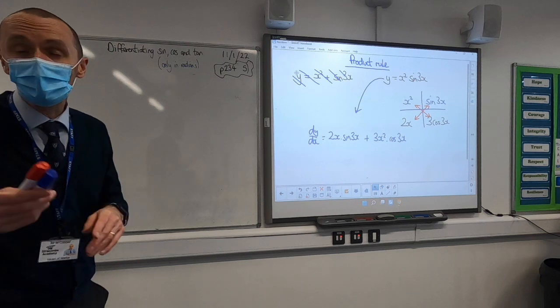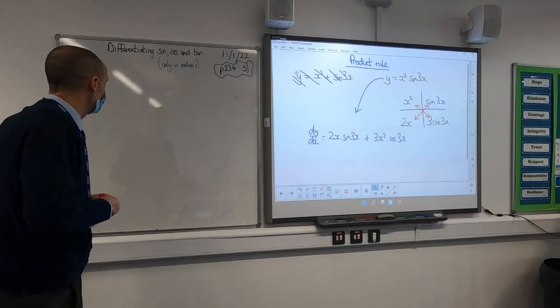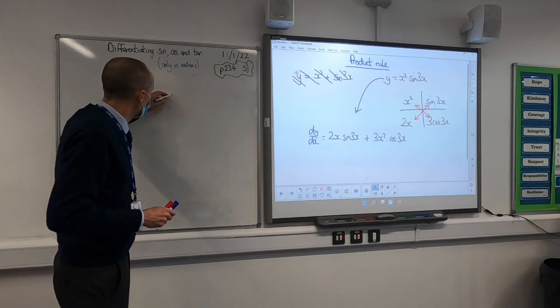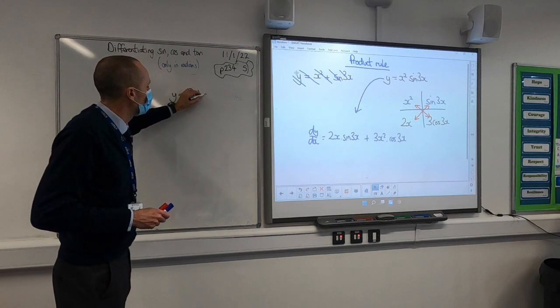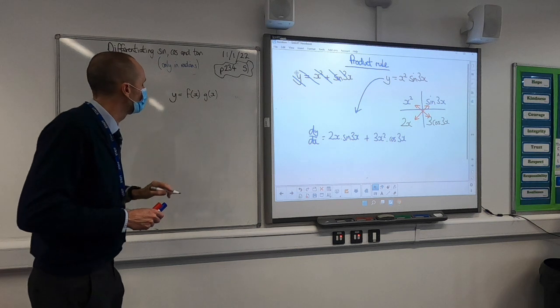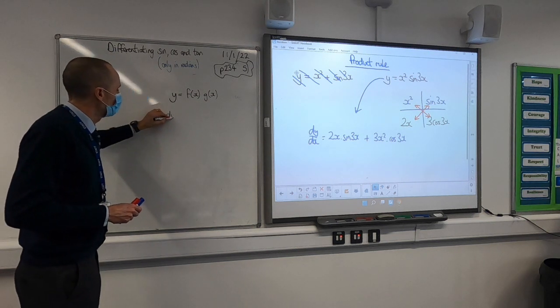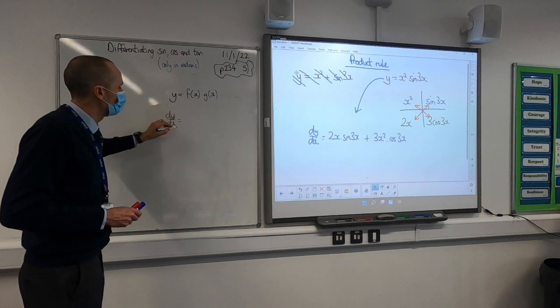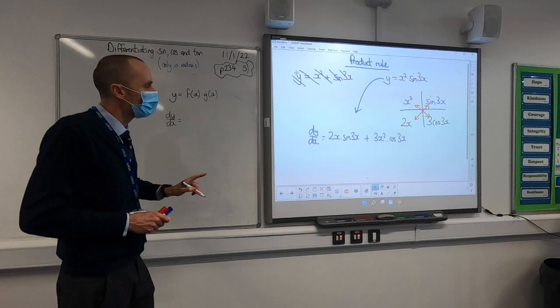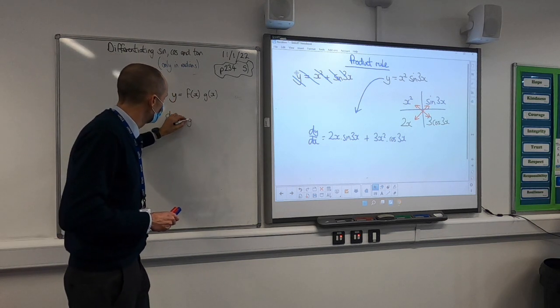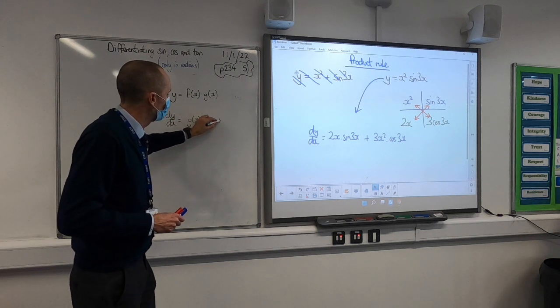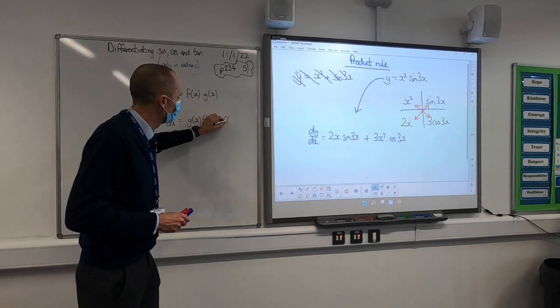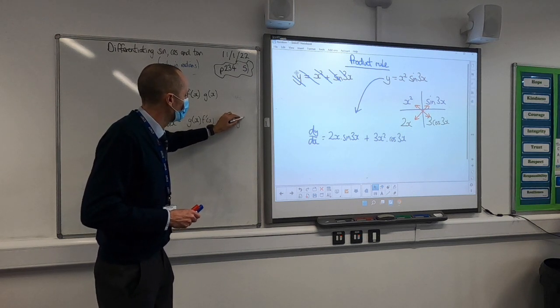Now, for those of you who like a rule, you could write the rule in one of two ways. You could say, okay, if we've got a function made up of two separate things being multiplied together, then the product rule tells us that the differential is that one multiplied by what you get when you differentiate that one, plus that one multiplied by what you get when you differentiate the other one.